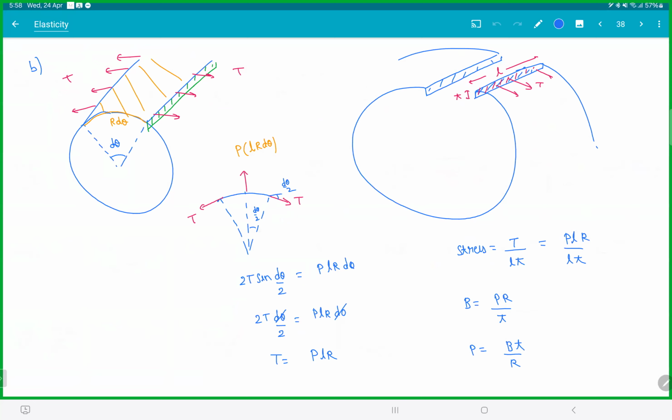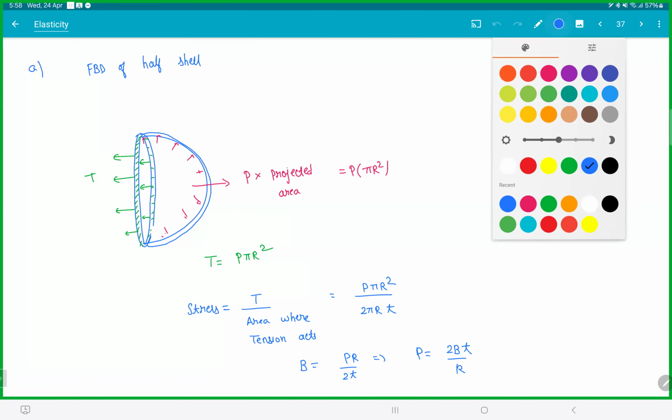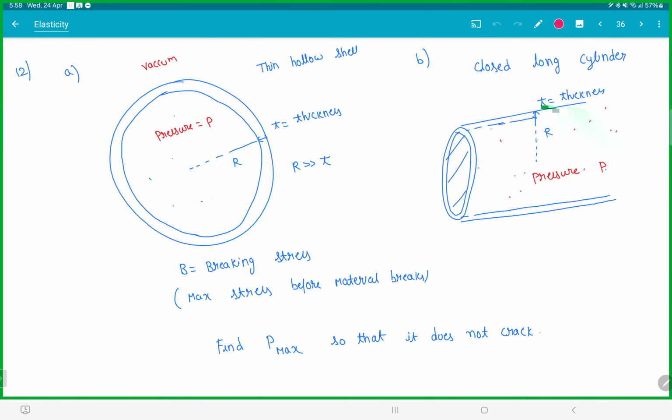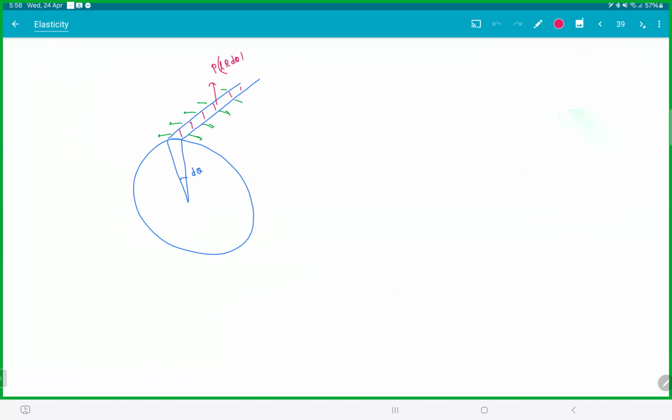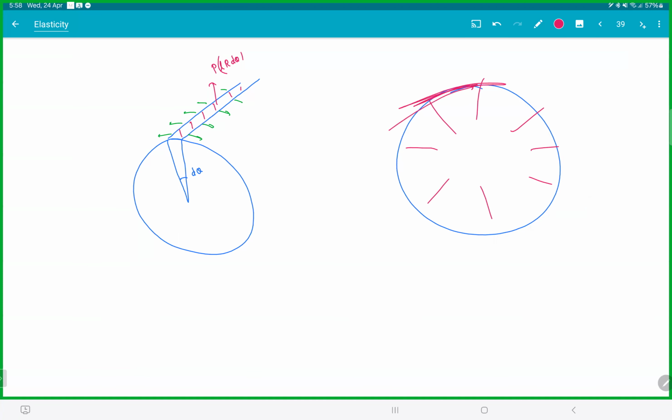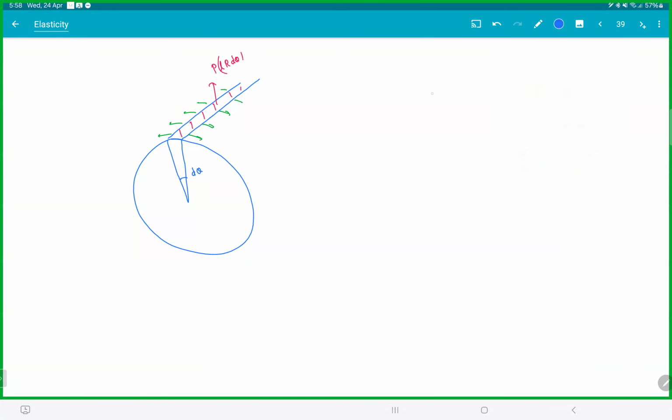There's no concept there because there's a pressure inside. How is the tension acting on this? The cylinder is being pushed in every direction, isn't it? If you look at the side view, the pressure is pushing in every direction. Because of that, there's a tension developed tangentially in the cylinder. That tension by the area should be the stress. So if you cut that small piece now, this is how the element looks.